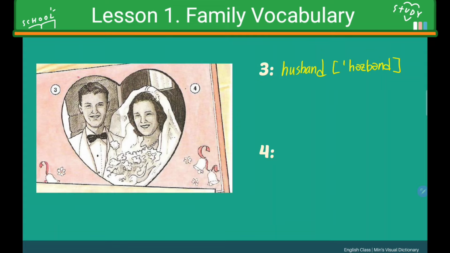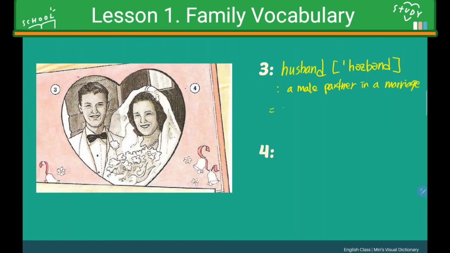And then bund, bund. And when you mix them together, husband, husband. And the definition is a male partner in a marriage.